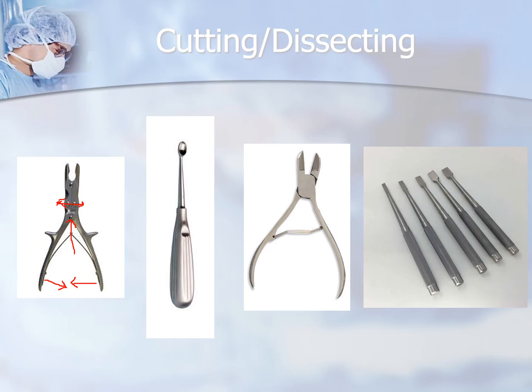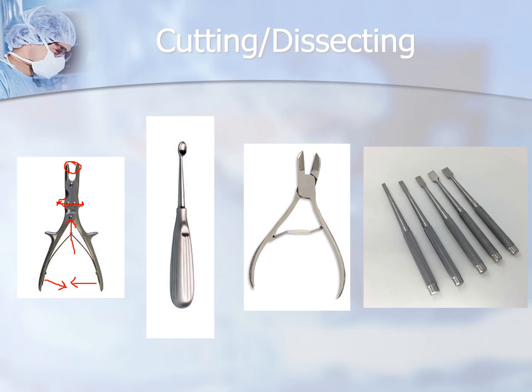These are going to move out away from each other, and then this jaw is going to bite down. The beauty of this double action ronger is that the leverage, the power that you have to put into squeezing this handle isn't nearly as much as with a single action, and you get more working power at the tip with less squeezing power at the handles.